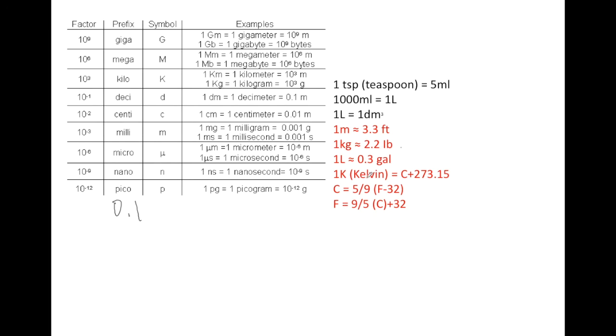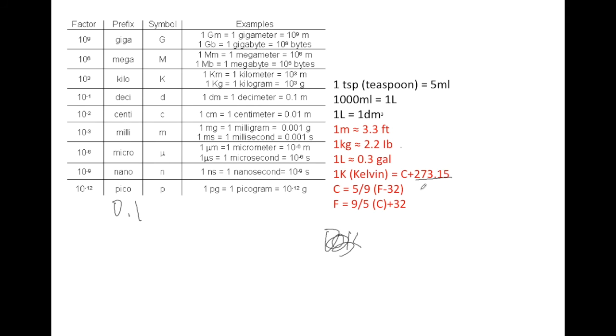Kelvin is the basic standard temperature measurement we use in chemistry, and it's basically the degree Celsius plus this number. The lowest temperature possible is 0 Kelvin.